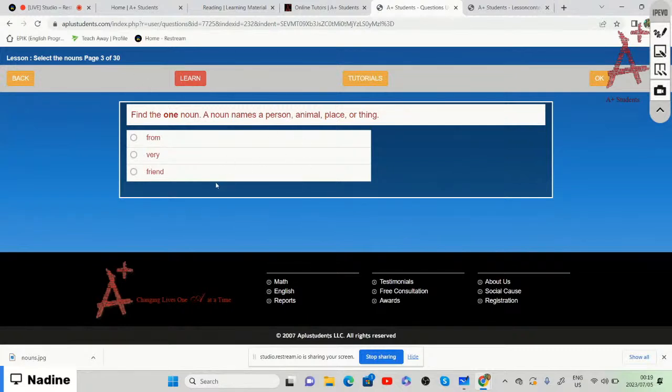We need to choose one more noun, from, very, or friend. Choose one or find one noun. Remember, it's either a name of a person, an animal, a place, or a thing.